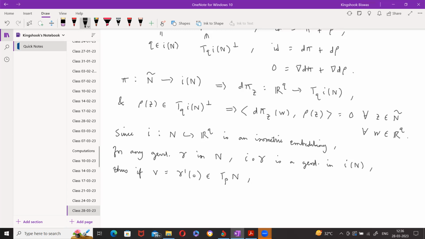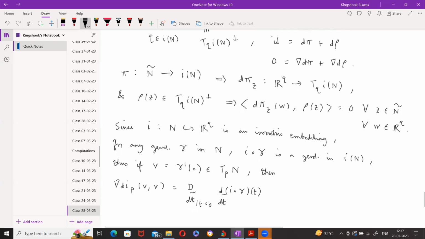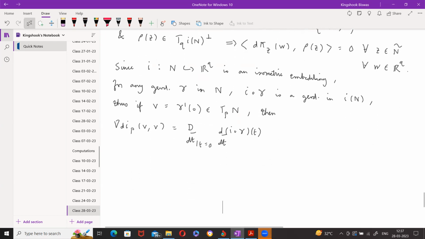Then the second fundamental form of I, nabla dI at P acting on V comma V, what is this? This is capital D over dt at t equal to 0 of d/dt of I composed gamma, of t, right? The second fundamental form is the covariant derivative along geodesics, right?